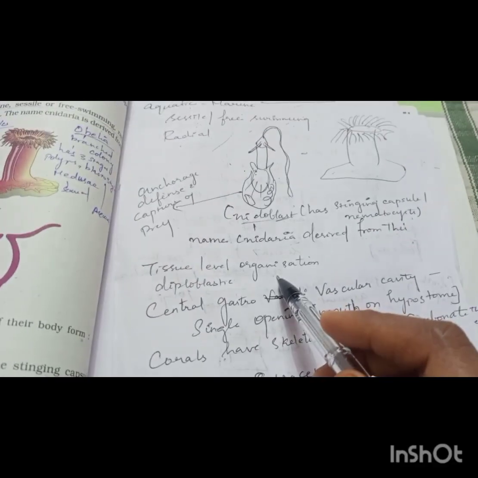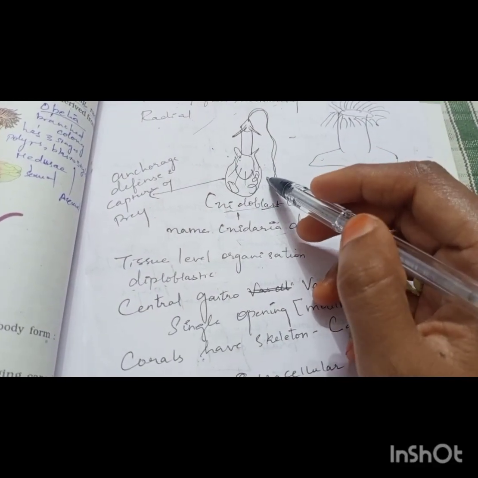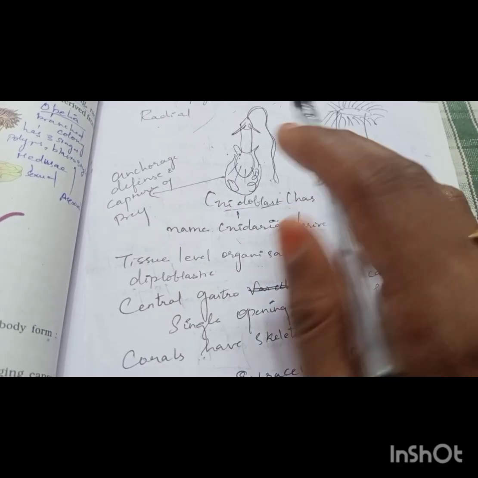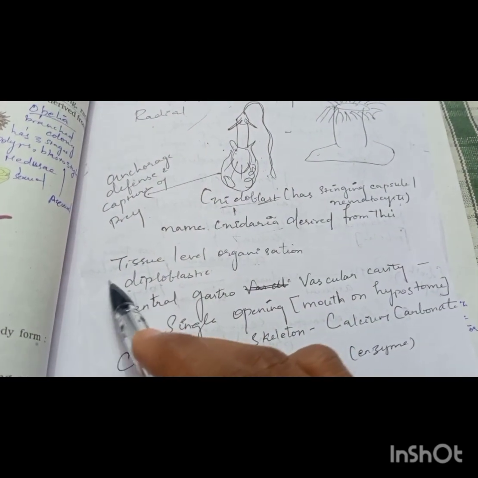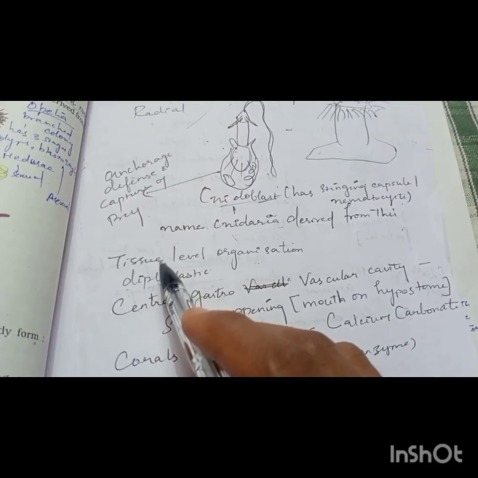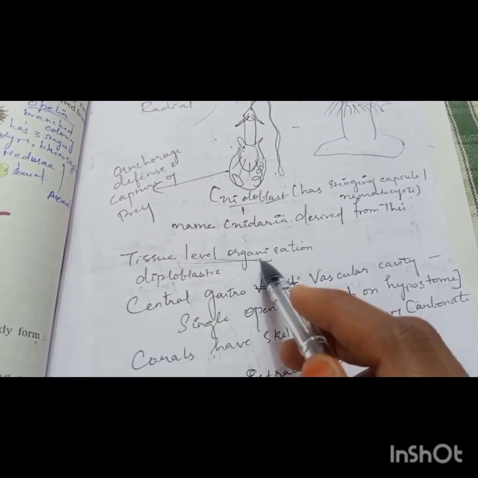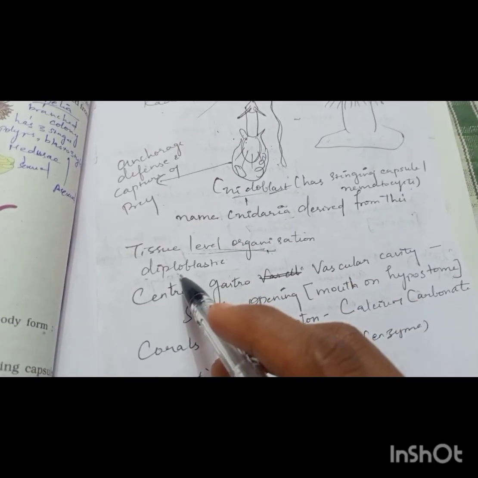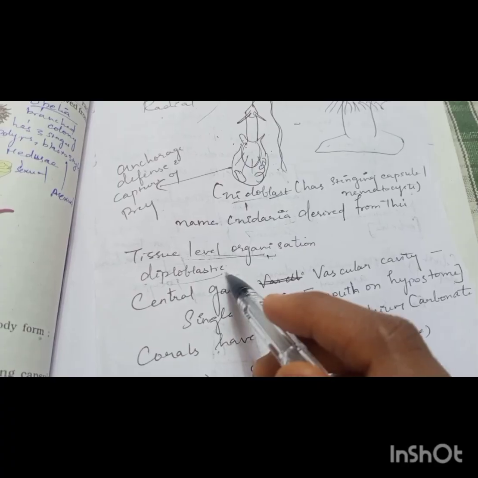It has a tissue level of organization. The cells here will combine to form various kinds of tissues. These tissues perform the activities of the body. Here there is a distinction of various kinds of tissues made up of different cells, and hence it is a tissue level of organization. The organism is diploblastic.